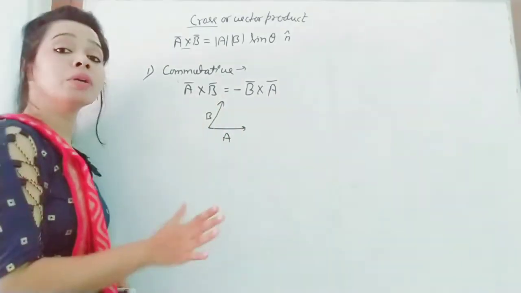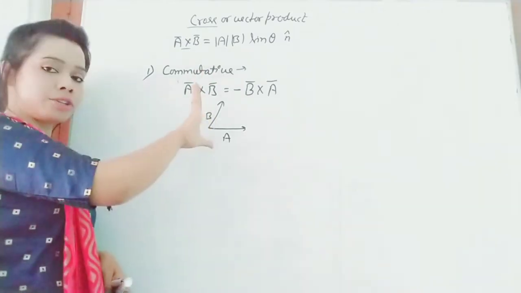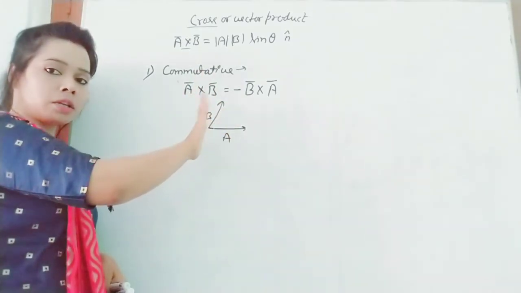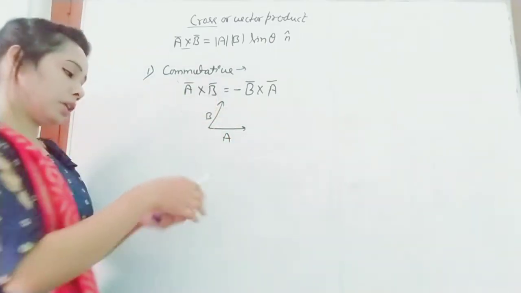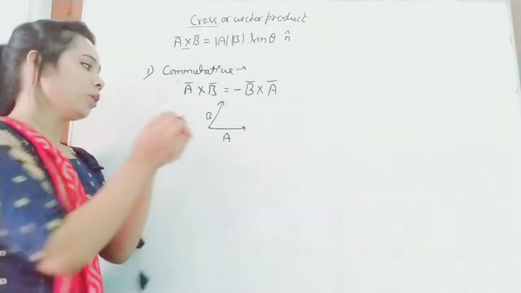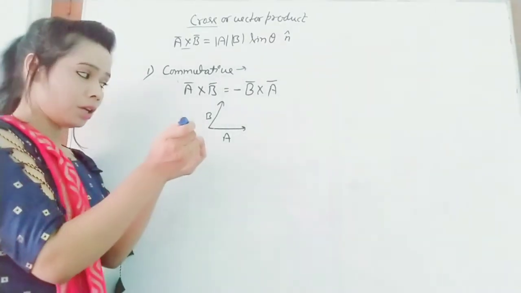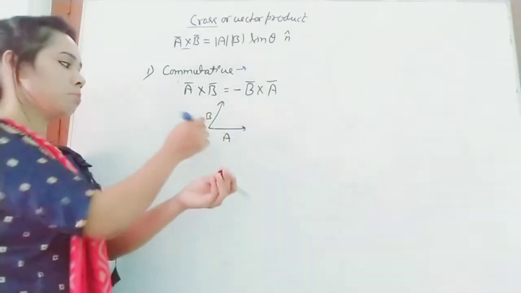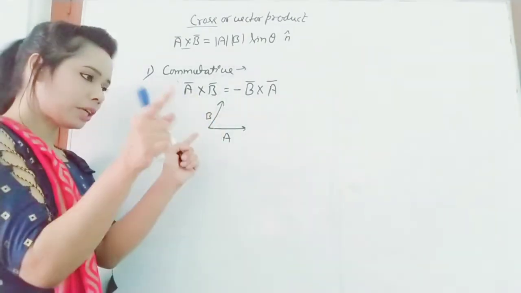Now, if I am doing B cross A, curling the right hand fingers in the direction of the cross product B cross A, my thumb is pointing inward, inside the plane. So earlier we were getting the direction outward, now I am getting the direction inward. Both are anti-parallel. One is in this direction and the other is inward. So both have different directions.